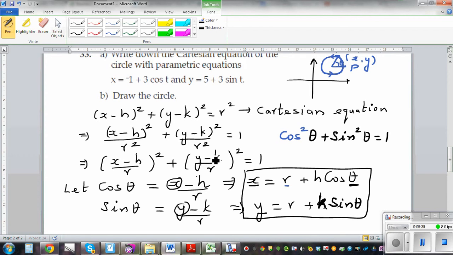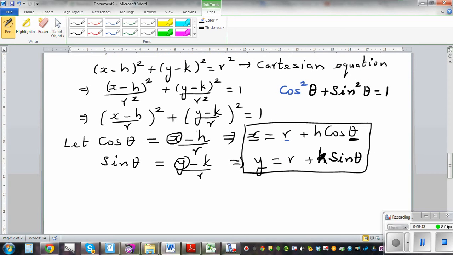In other books, you can also write the parameter as t. The same thing can be written in terms of t, and that's what your calculator would give you. The parametric equation of a circle in your book or calculator would be x equal to h plus r cos t, and y equal to k plus r sine t.